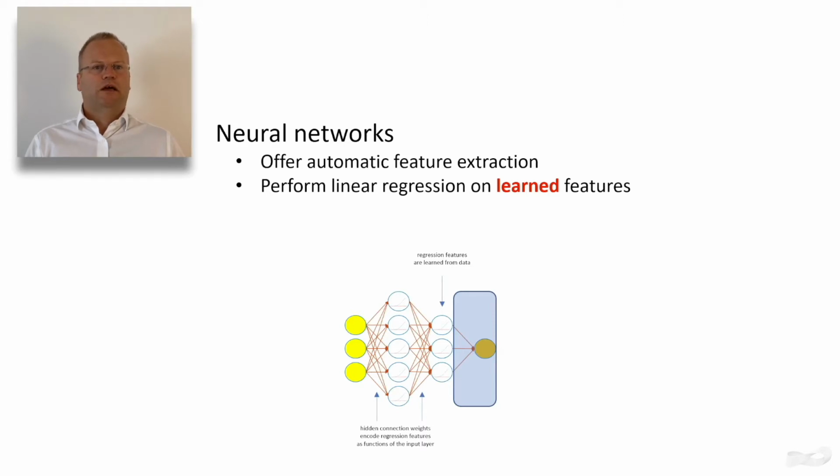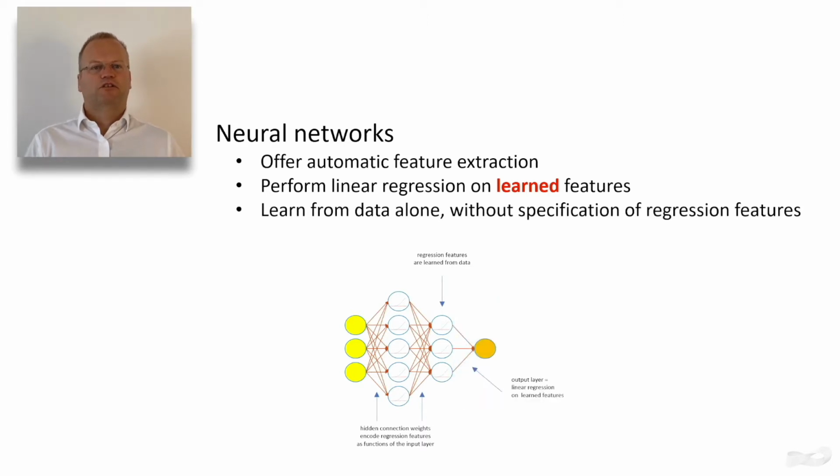There's no need to manually specify meaningful regression features from prior knowledge of the transaction and the model, as is customary with implementations of the Longstaff-Schwartz algorithm with linear regression. Because they work with simulated data without prior knowledge of models or transactions, neural networks are suitable for very general machinery applicable to a wide variety of transactions and models.